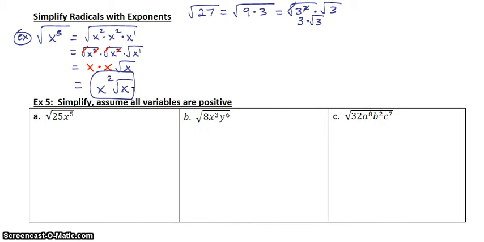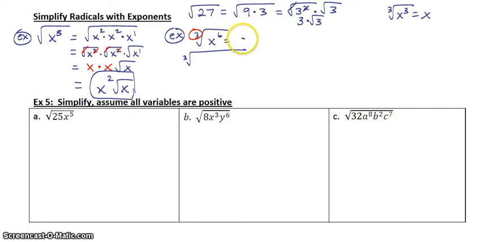Let me show you one with a different index. Now I've got the cubed root of x to the 6. Because it's a cubed root, in order to cancel out a cubed root, I need a group of 3. So I want to rewrite x to the 6 so it has groups of 3. And when I'm doing this, I'm thinking adding, because remember, when I multiply the bases, I add the exponents.